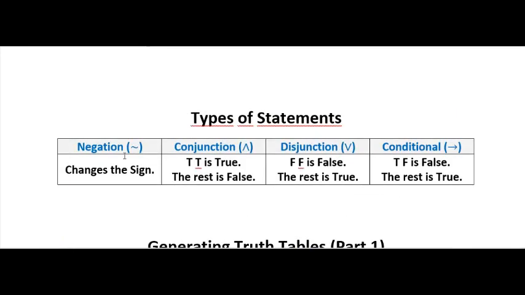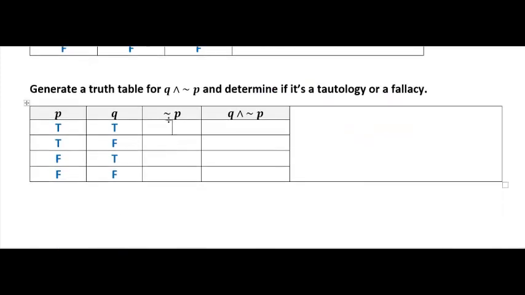As we saw before, the negation is basically changing the sign, or the truth value. Okay, so I'm going to focus on letter P. Originally on this one, so I'm not going to focus on the other one. Let's disappear it for a moment. I'm going to focus on P. Basically, I'm going to change the truth value.